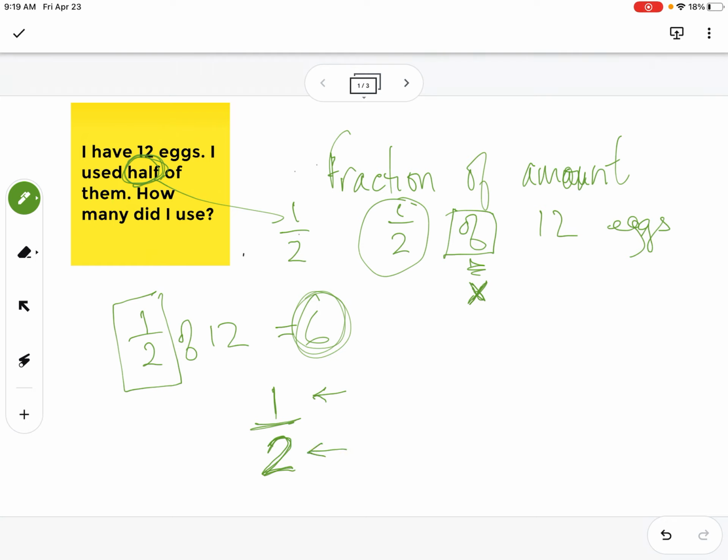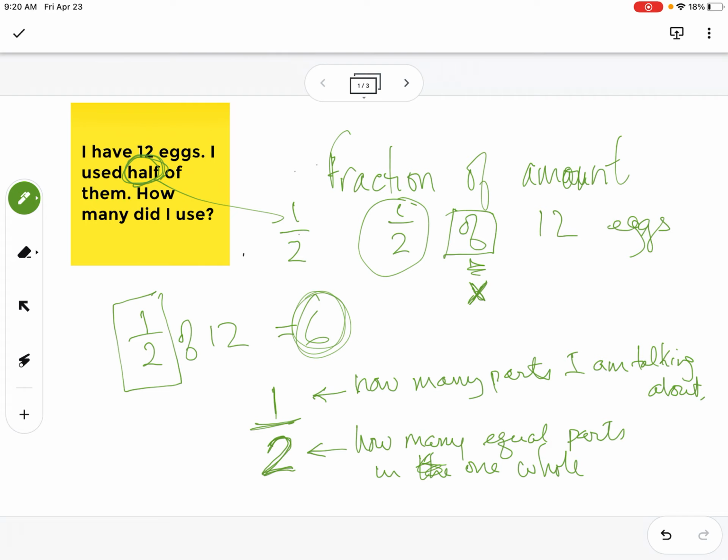The bottom always tells me how many equal parts in one whole. And the top tells me how many parts I'm talking about. That's the best way to say it. It makes it pretty general.